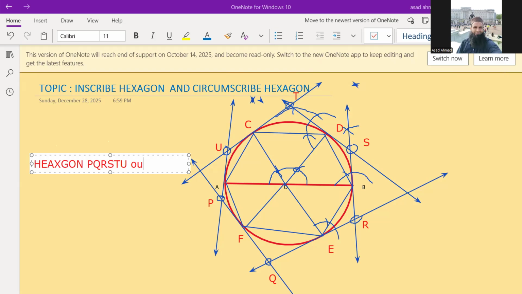It is outside the circle. So this is called a circumscribed hexagon.